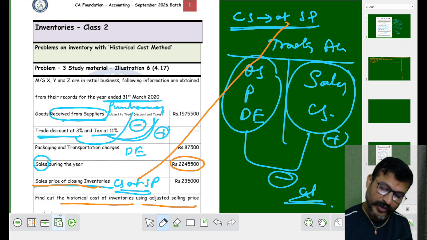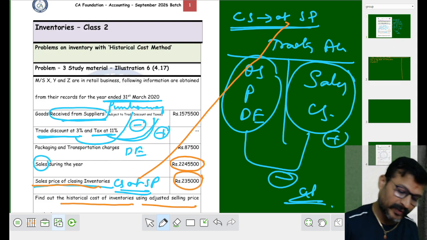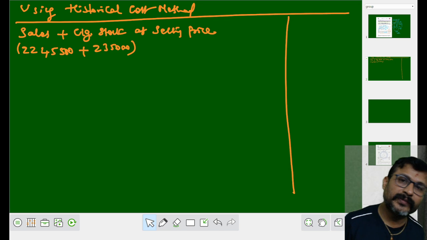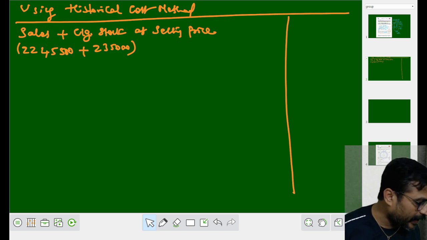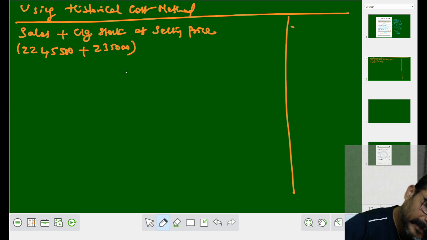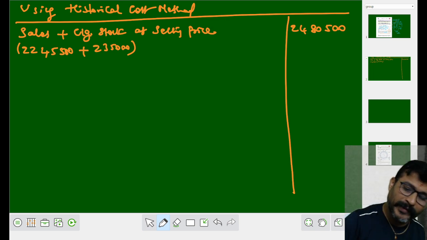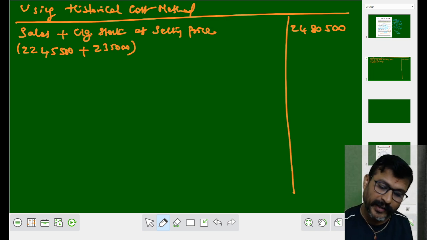Sales price of closing stock 2,35,000. Use a calculator, add both. When you add both, we are getting 24,80,500.